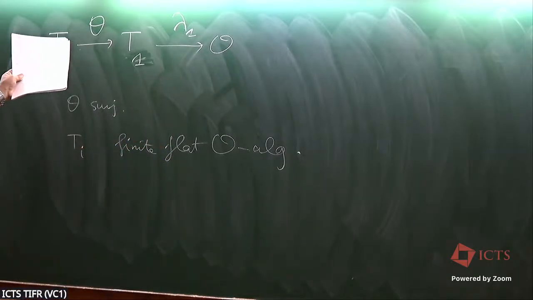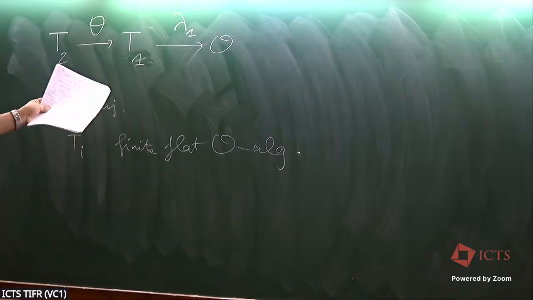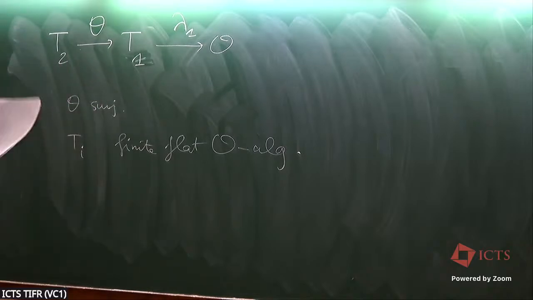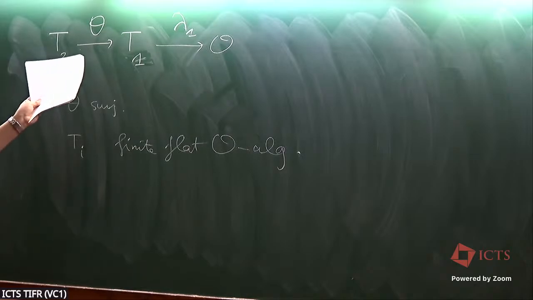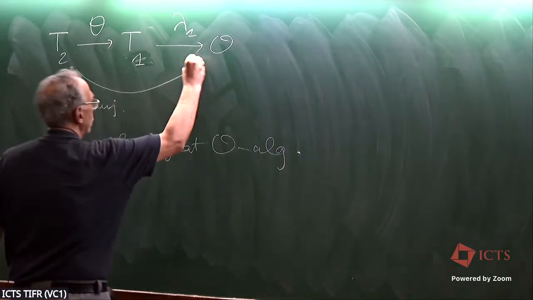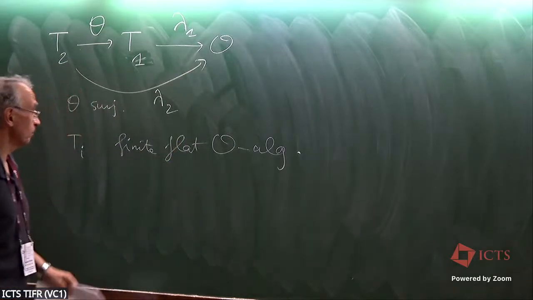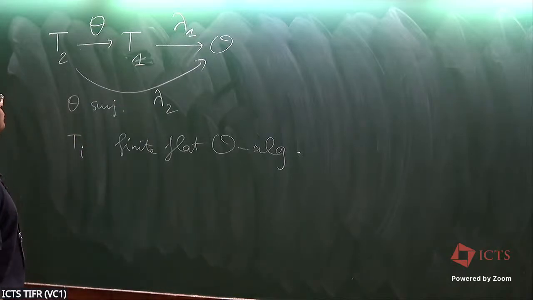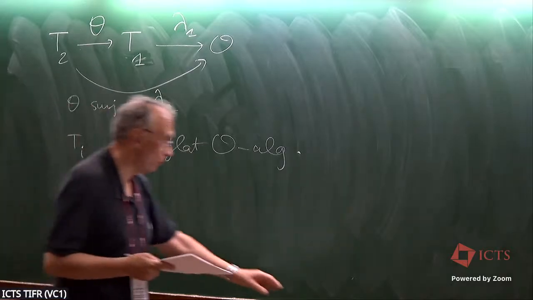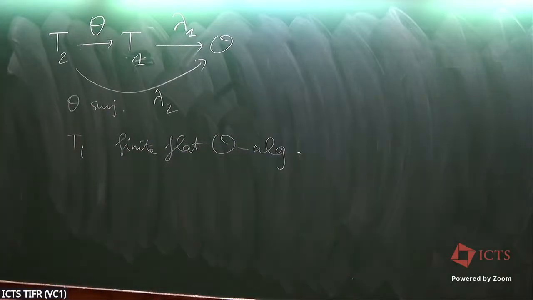This is the so-called base change homomorphism between Hecke algebras. But for the moment, just abstract. And we consider the composition λ2. And so we define relative congruence numbers for Hecke and for cohomological modules.